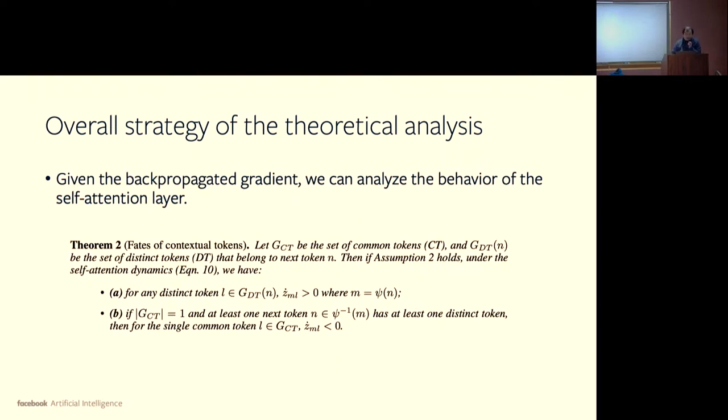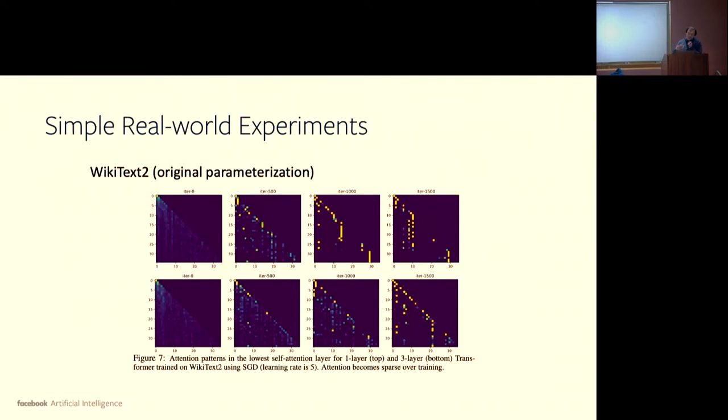So that's basically how you analyze the two-layer structure of the one-layer transformers. We have done some very simple real experiments. For example, on WikiText2, if you have this kind of learning rate structure, then over time you see very sparse patterns in attentions. And if you do a lot of work in practice training transformers, you will see these learning patterns change. Right. So that's basically the scan and snap paper, very simple.